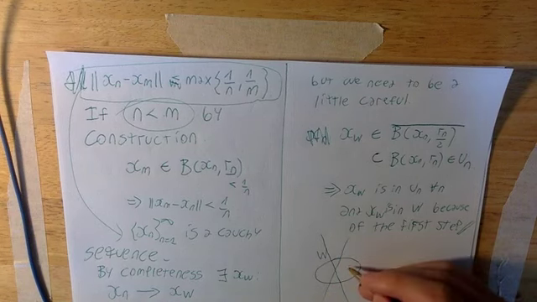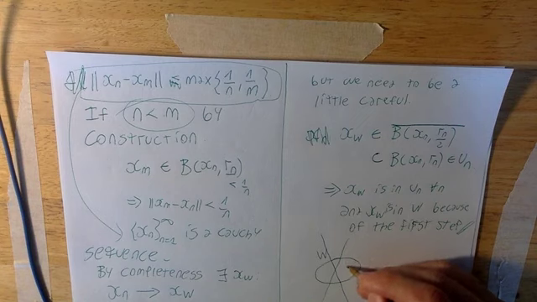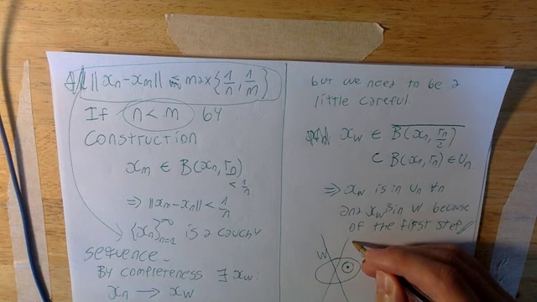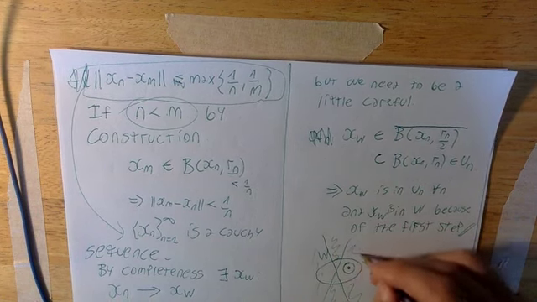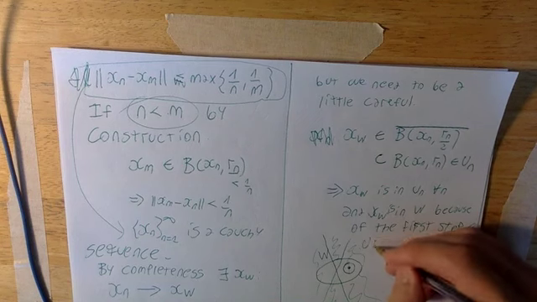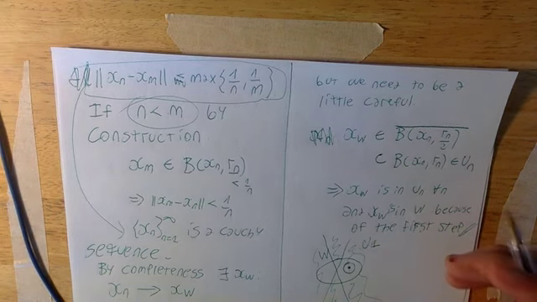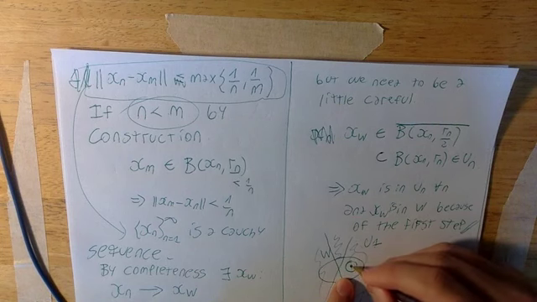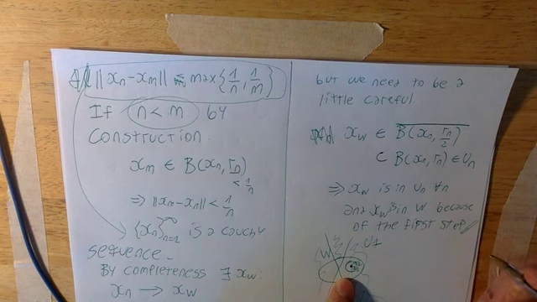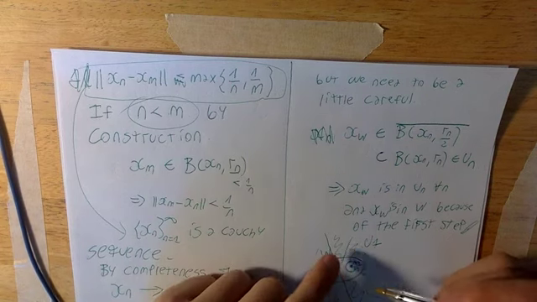Then what we take is an x1 here and a little ball. All of this here is U1, so we take x1 and this little ball of radius r1.